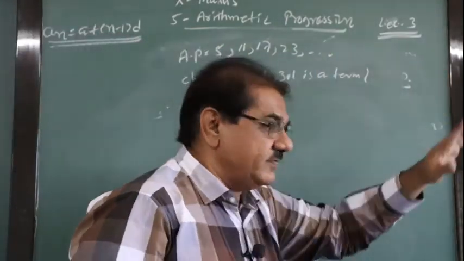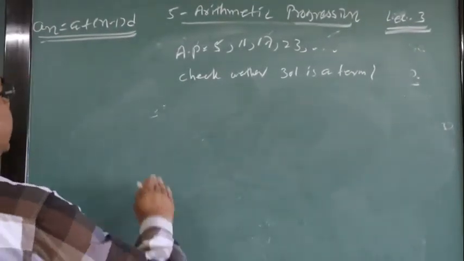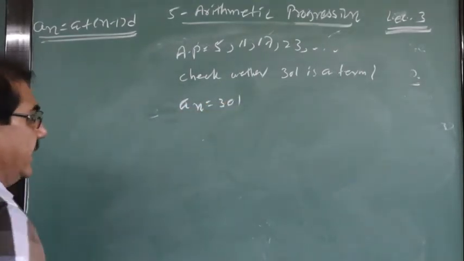Is it a member of this list? Suppose it is a member, so we take it as an = 301.